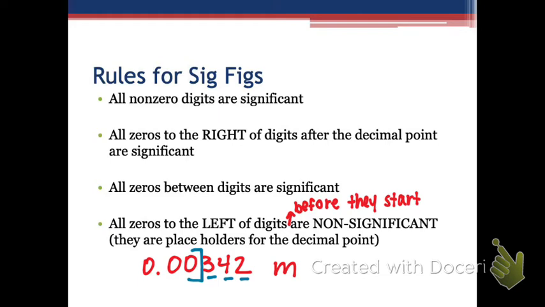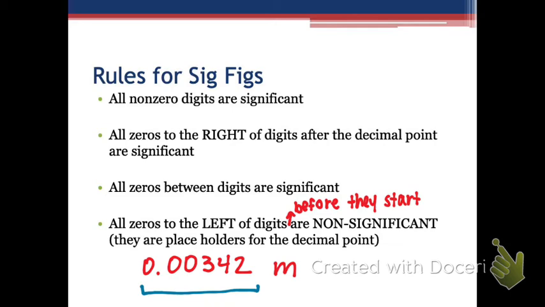They're considered placeholders for the decimal place. So if this is my measurement, wouldn't it have been a better idea for me to just measure in centimeters or millimeters instead? Right? See how small of a measurement that is in meters? It would have been better for me to just use a different measurement tool or a measurement unit, right?